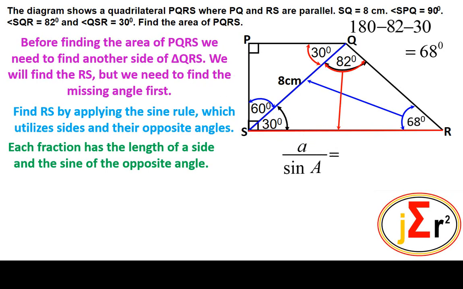is applied in such a way that we have 2 equal fractions. In one fraction we have the side and the sine of the angle opposite to it, the side and the sine of the angle opposite to it. Now, there are quite a few mistakes that can be made with the sine rule.